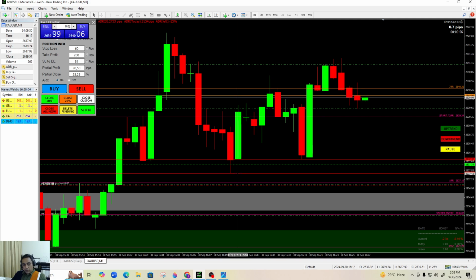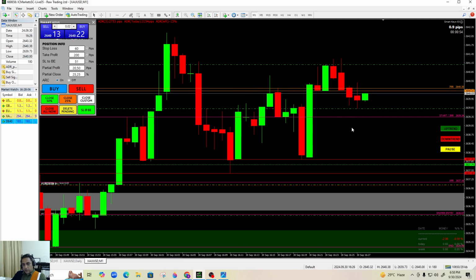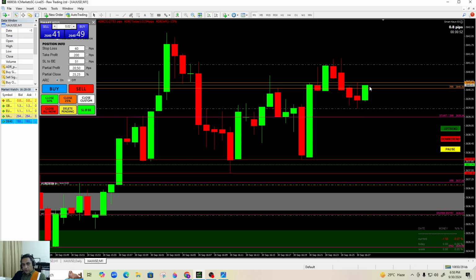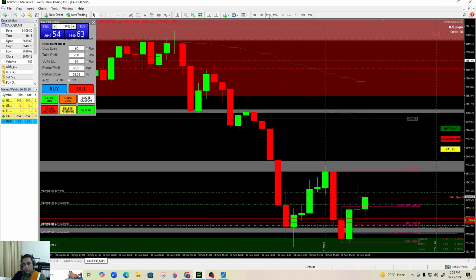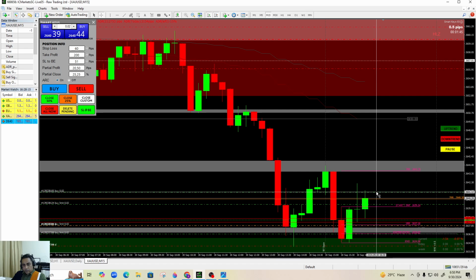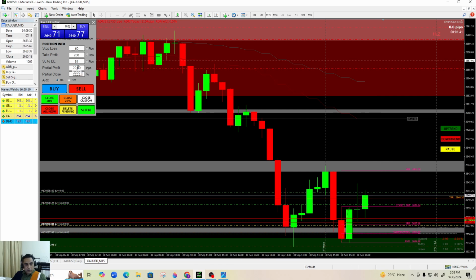Came close here, we missed it by about 2.5 pips, and now we're about 2 minutes from this M15 candle closing. 88.90. Okay.